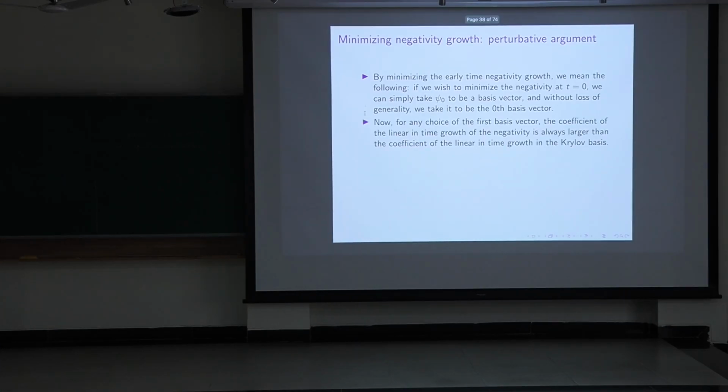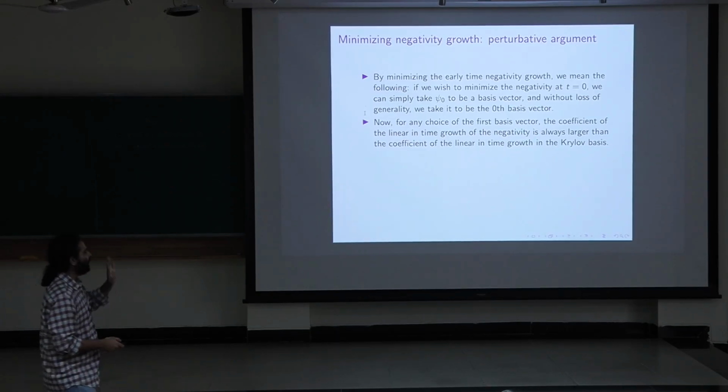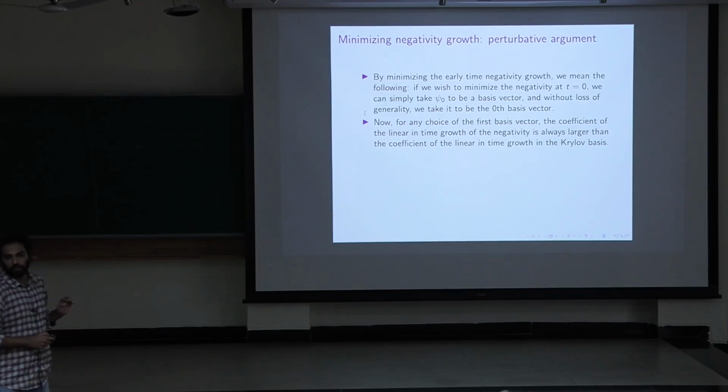Now, the next thing that I'm allowed to vary over is the first basis vector. What should I choose as my first basis vector? At this point, you can show that the coefficient of the linear in time growth, namely the order t term in the negativity, is always larger for any basis other than the Krylov basis.